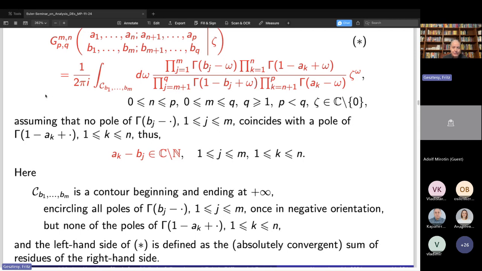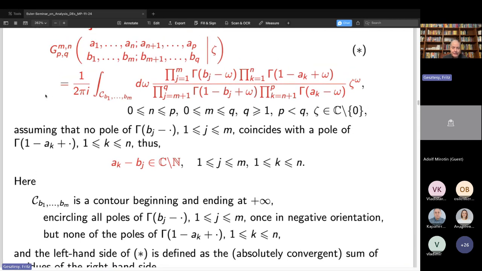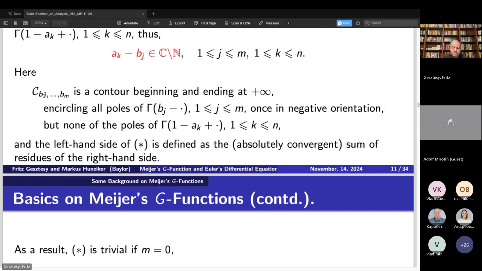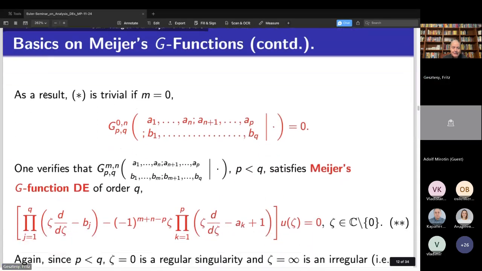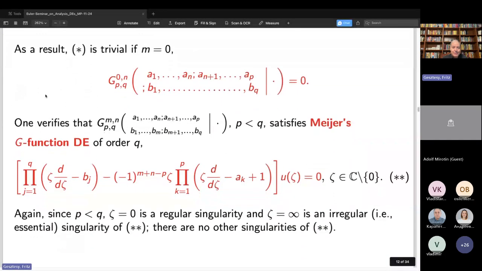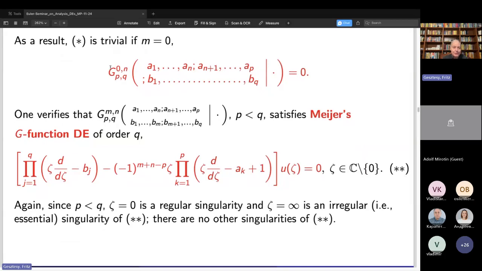All right, so if we take this for granted, you notice very quickly that if m is 0, you get nothing of interest.